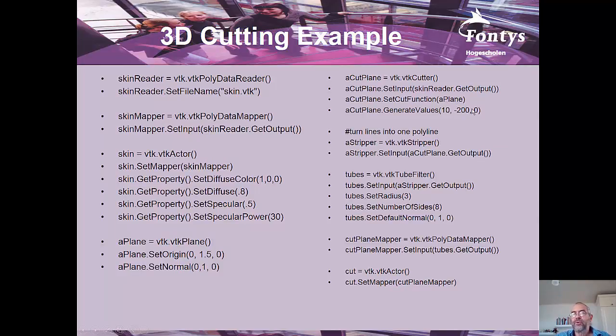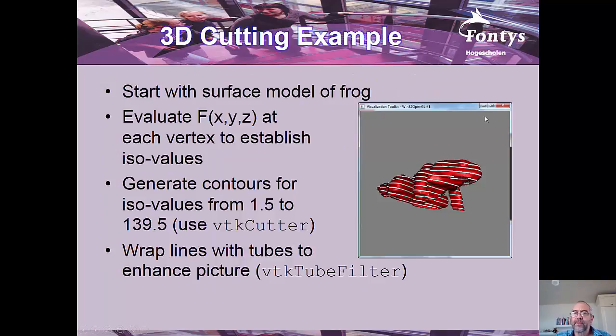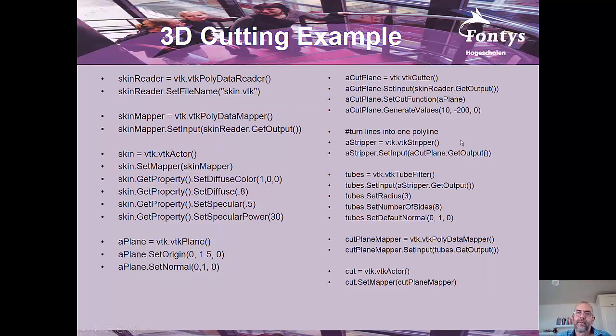And apparently we have to choose the values in such a way to have nice cuts through the volume. I don't know exactly why it has to be -200 here, not +200, but it has to do with the volume itself. If you would choose a range from 0 to 200, then probably the cuts would be too high, they would be here, and then you don't see anything.